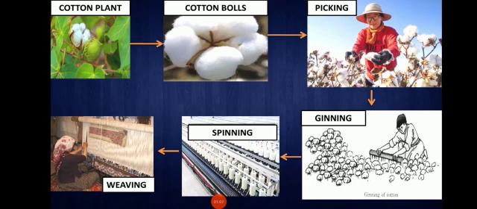The process of making yarn from the fiber is known as the spinning process. Then the yarns are used to make fabrics by the weaving process as well as the knitting process.